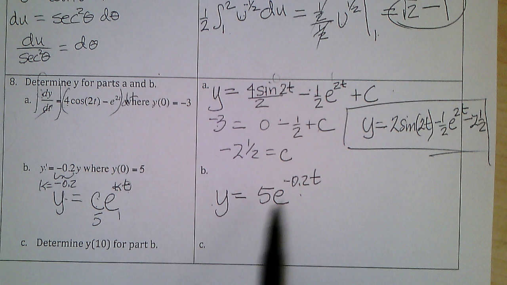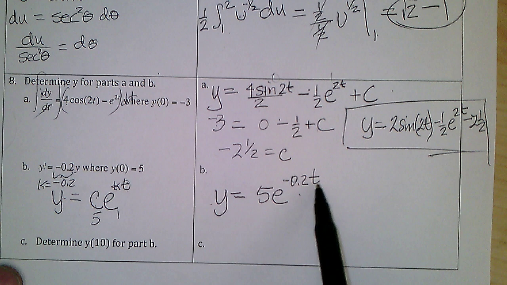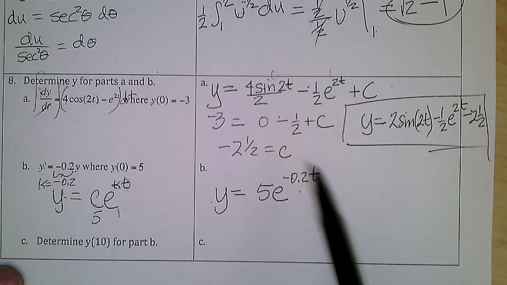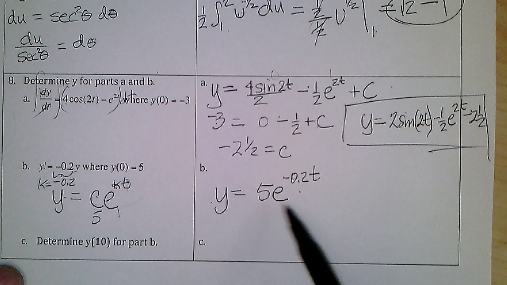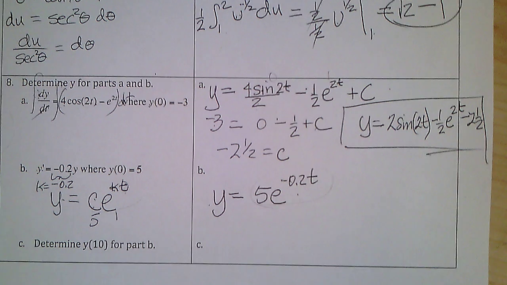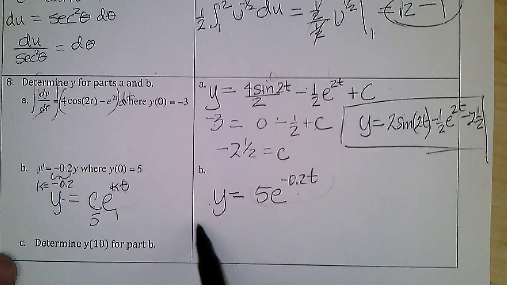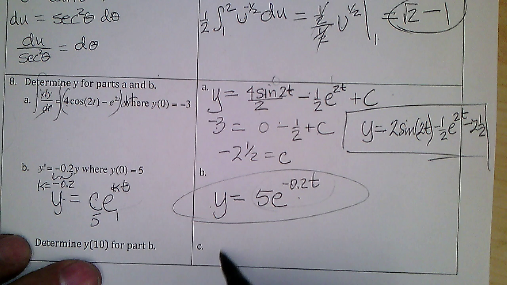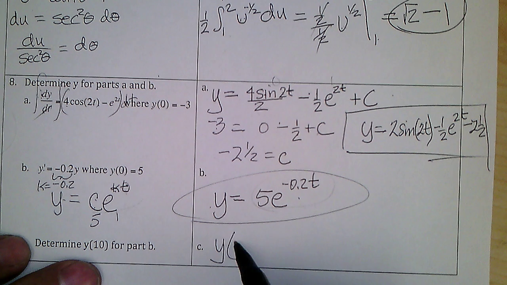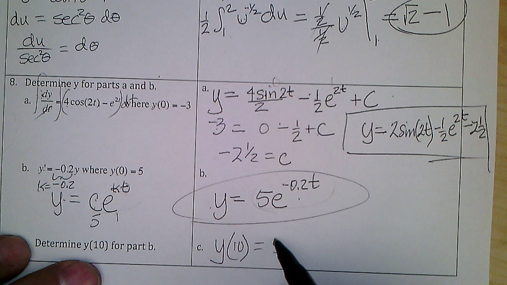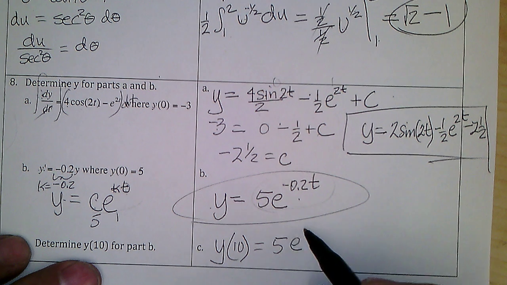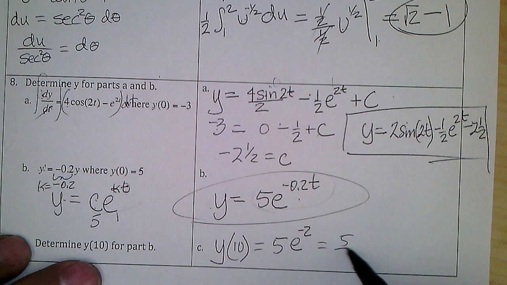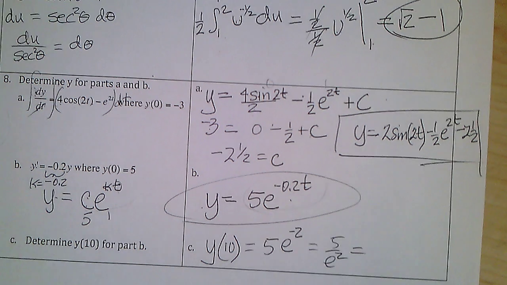If you take the derivative of both sides, you get y prime, and you'll get this to be minus 0.2 times the original y. So there's the answer to B, and for C, we're supposed to put 10 in there, and we get y of 10 is 5e to the negative 2.